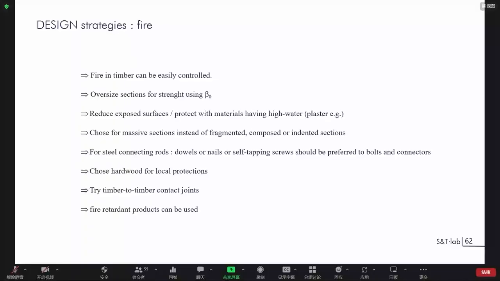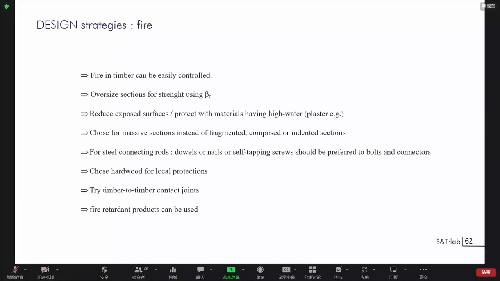So you have to choose dowels or nails instead of boards, for instance, as connectors. If you want to protect locally, you can protect the steel connecting rod, for instance, if there is no head as with boards, but if you are using dowels, you can protect timber using hardwood, for instance, for local protection. You can try to use timber-to-timber contact joints. In that case, you won't have to suffer what's happening to steel.